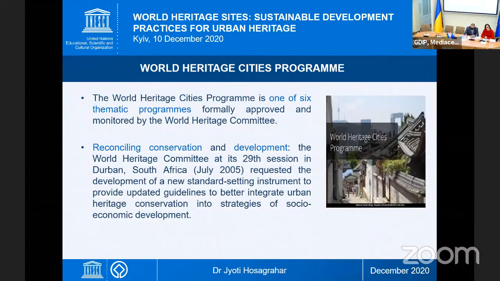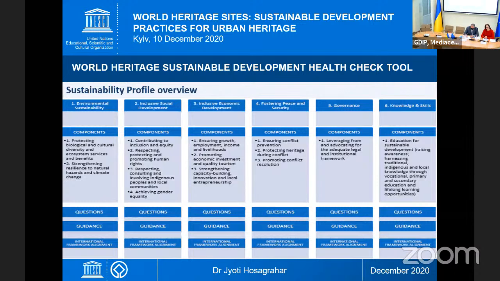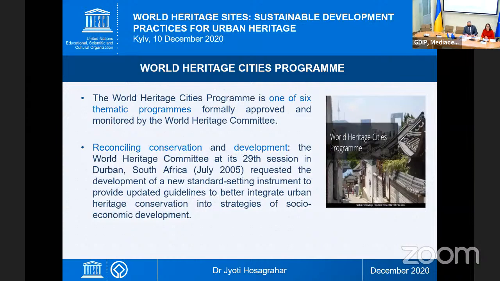With that, I just want to end by saying that this is a toolkit which is in process that will enable the implementation of sustainable development further at World Heritage properties. I also invite you to consult the website of the World Heritage Cities Programme, which is one of the six thematic programmes formally approved and monitored by the World Heritage Committee, where I look specifically at reconciling conservation and development as part of it.